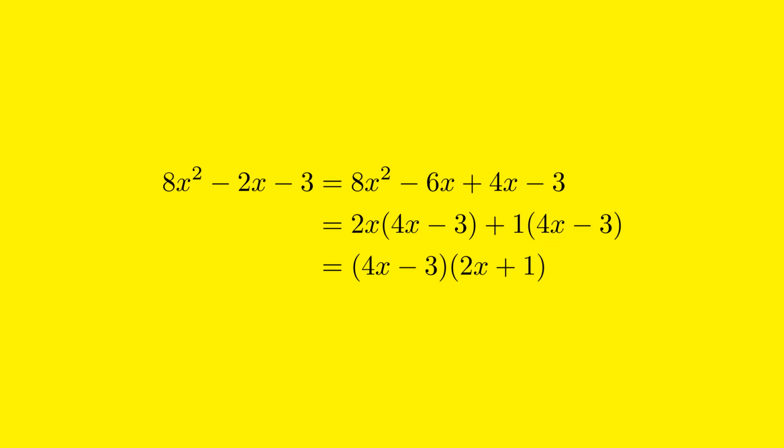We then proceed to break down the middle term, in this case −2x, into two parts whose product equals the product of the coefficient of x² and the constant term. In this scenario, the coefficient of x² is 8, and the constant term is −3. Therefore, the target product is 8 multiplied by −3, which equals −24.